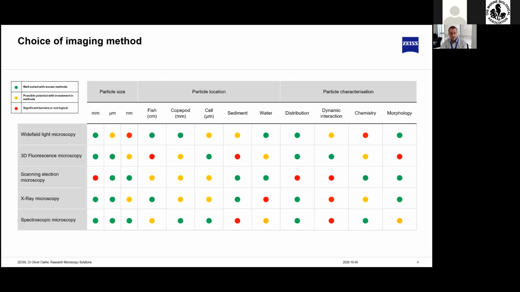There are 3D fluorescence microscopes that generally are looking at single image planes using a sophisticated set of optics. There are electron microscopes, which, as the name suggests, don't use light, they use electrons. There are X-ray microscopes. And there's also a range of spectroscopic, or as I like to call them, spectral microscopes. These are systems where the output's not necessarily an image, but is a spectrum, be it infrared or mass spec or some other data set.